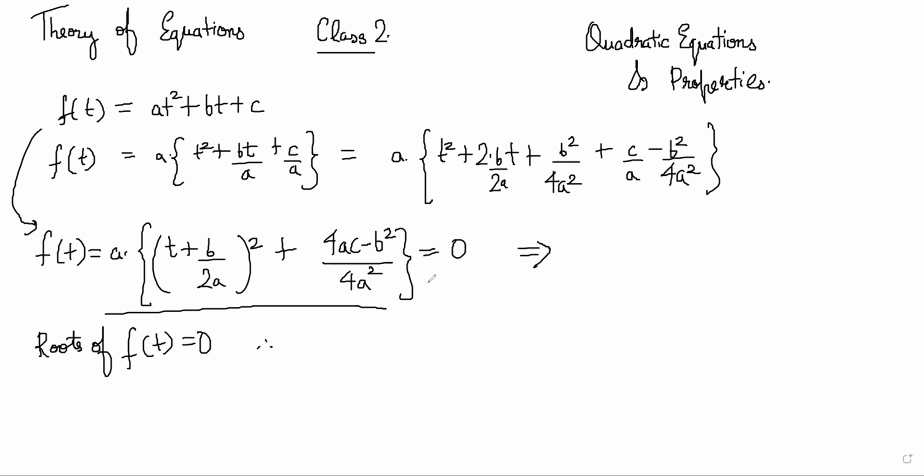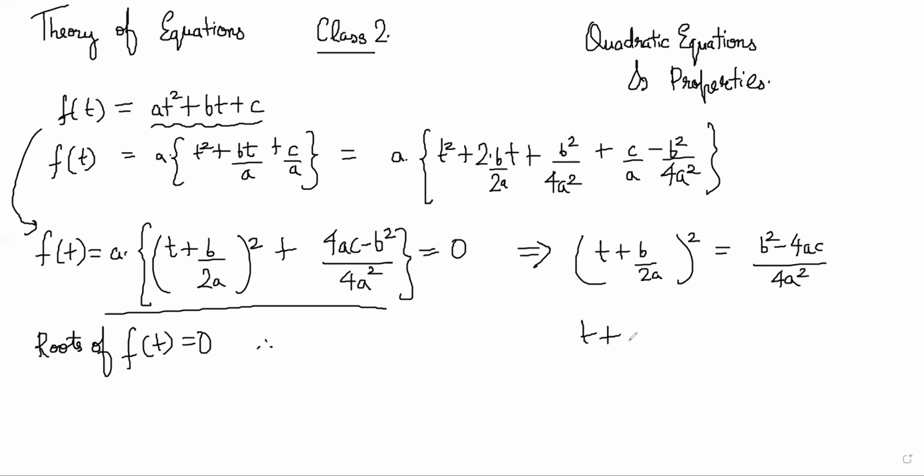Since a cannot be 0, because if a is 0 this is no longer a quadratic and becomes a linear polynomial, if a is not 0 you have (t + b/2a)² = (b² − 4ac)/4a². Now taking square roots, t + b/2a = ± √(b² − 4ac)/2a. So this gives us both the roots.